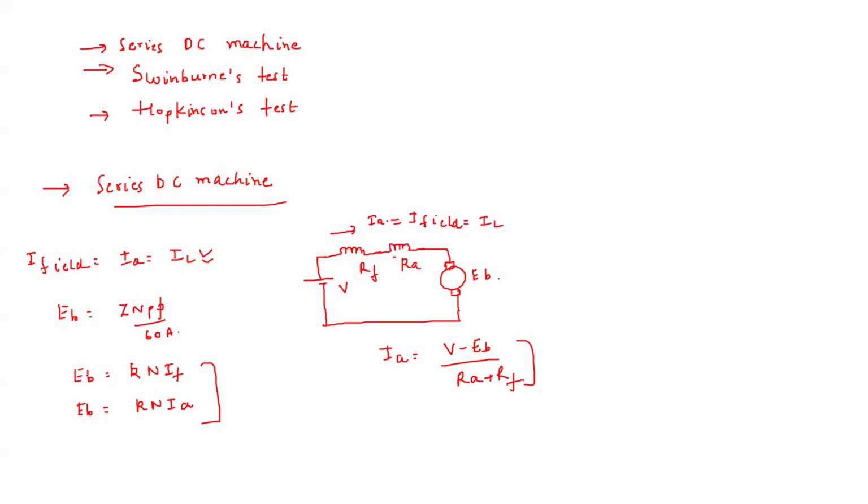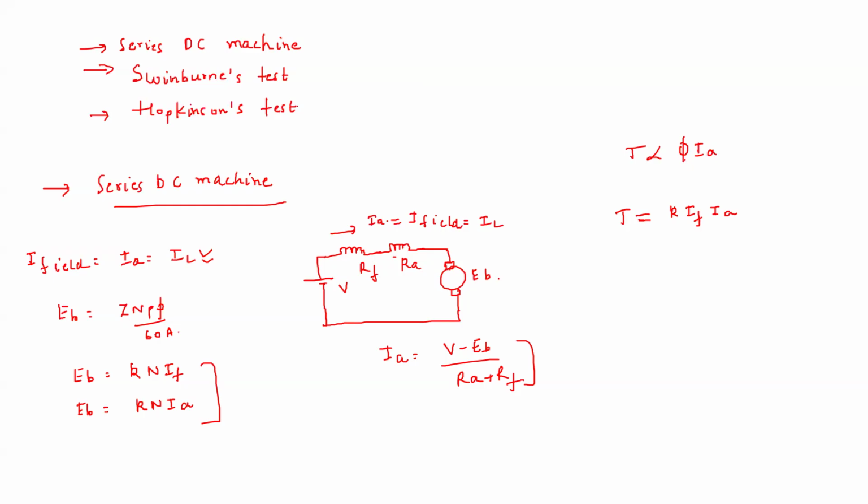Then we can see that EB is proportional to ZNP phi, basically proportional to speed and flux, where flux is proportional to field current, or also to armature current. Then what about torque? In the previous class, we saw the torque expression for DC machines; we have derived it also. Basically it is K into IF IA, so torque is proportional to flux into IA.